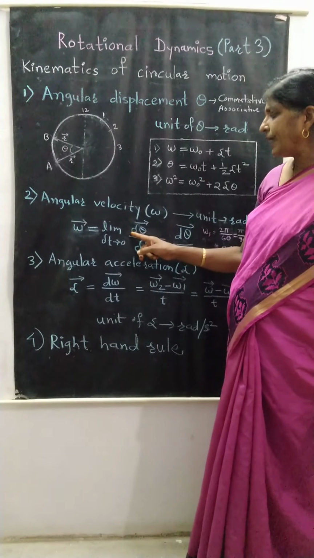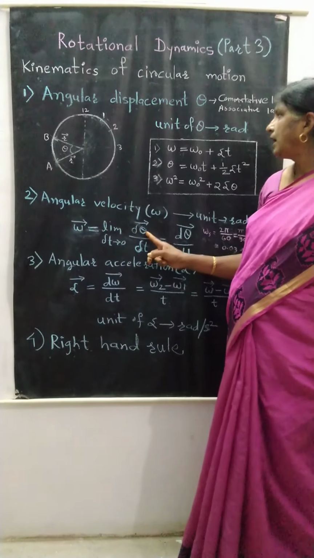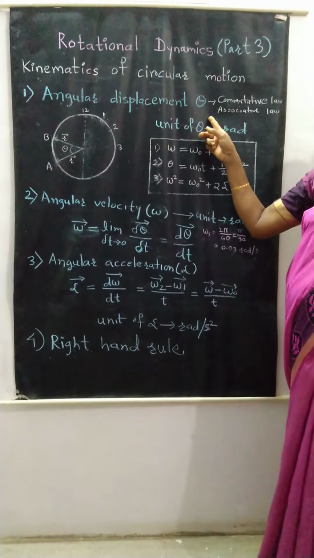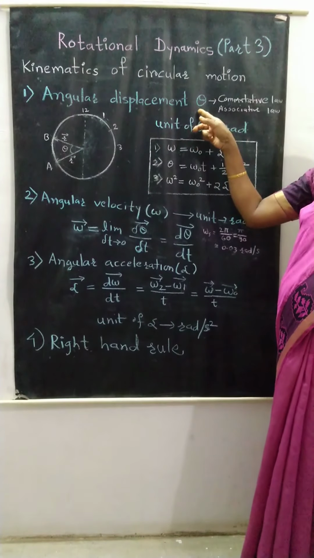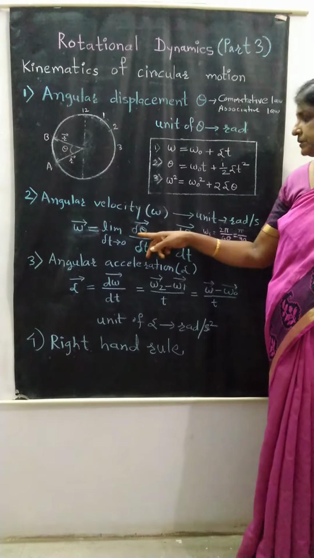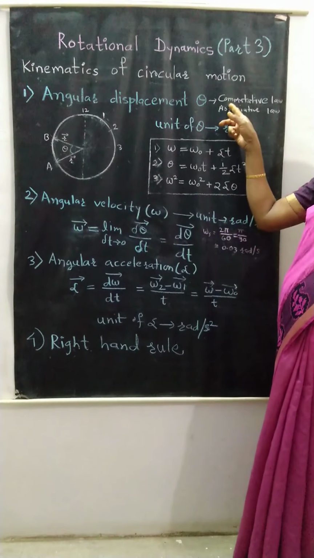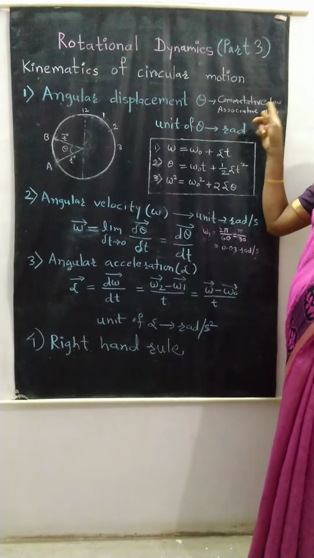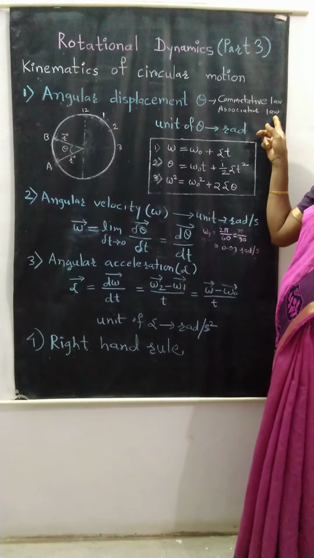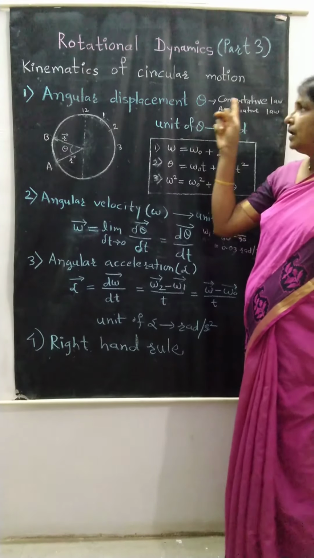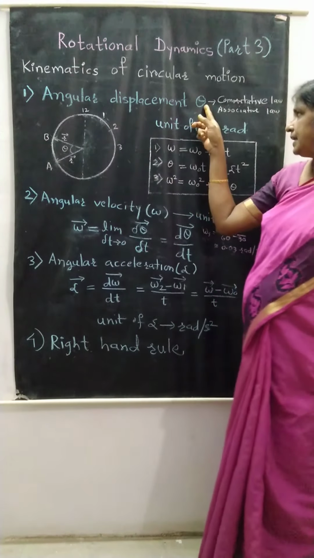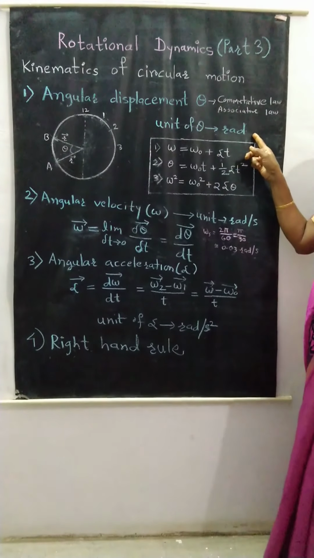And this small angular displacement delta theta is a true vector. What is the reason? Because this angular displacement delta theta now obeys the commutative law and associative law of vector addition. The unit for this theta is radian.